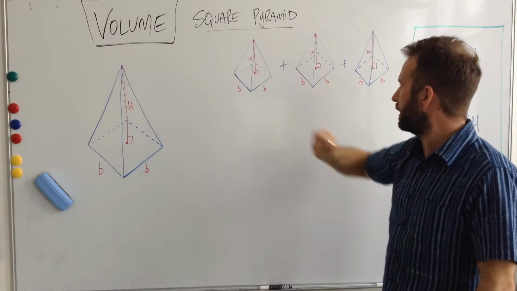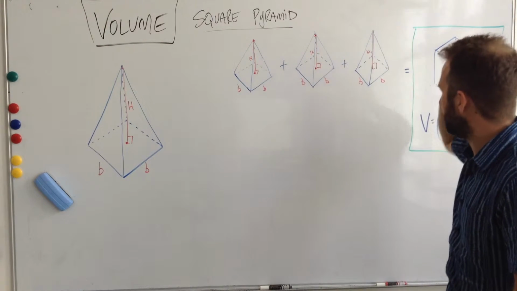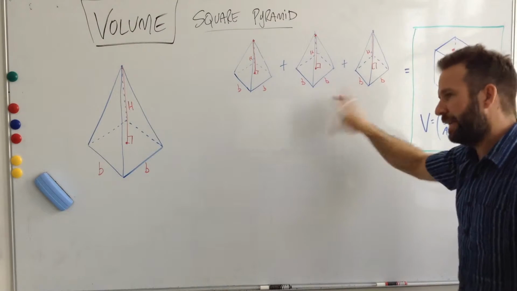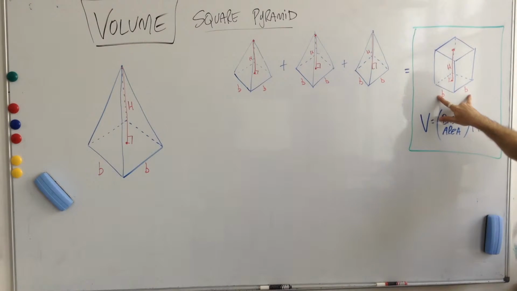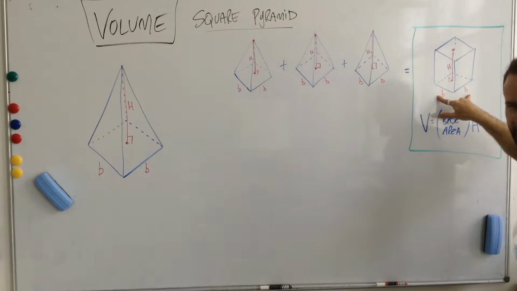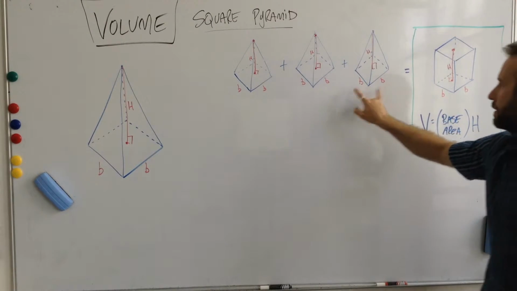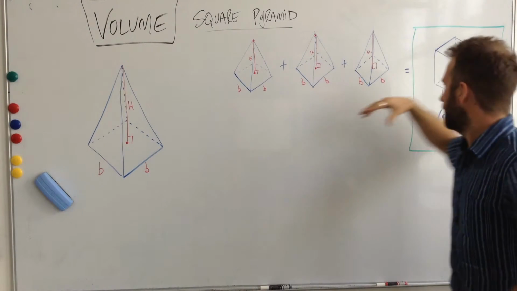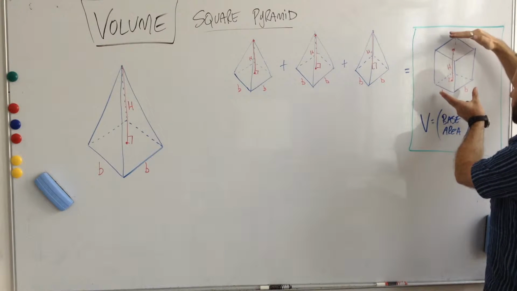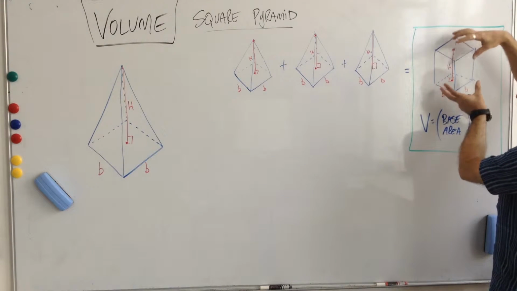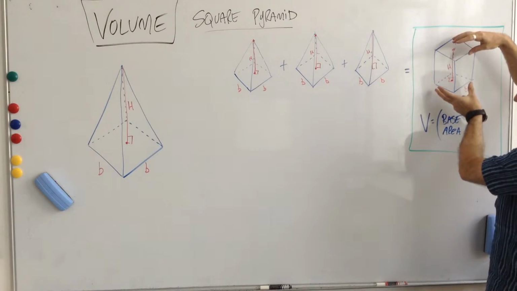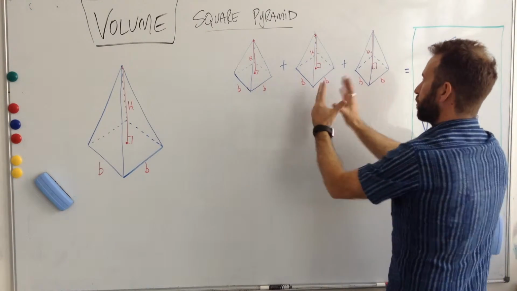The volume of this, plus the volume of that, plus the volume of that one, equals the volume of this rectangular prism. So the base of this rectangular prism is identical to these bases. So you imagine that that base is identical, yet it's a prism. So the volume of this is equal to the volume of these three combined.